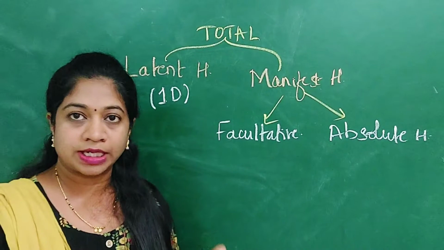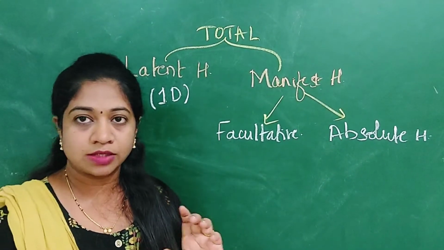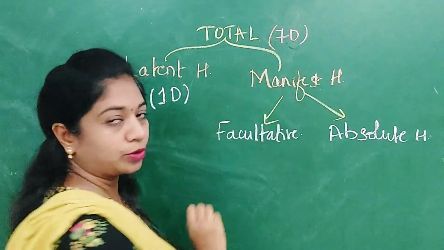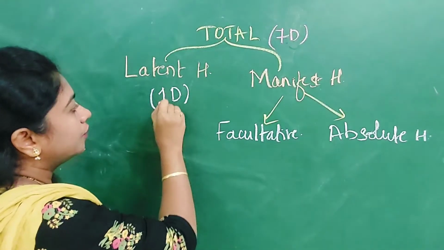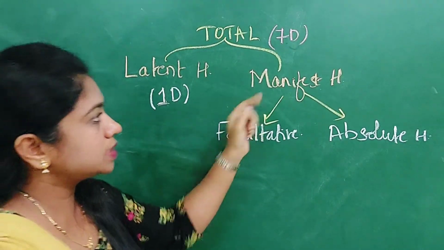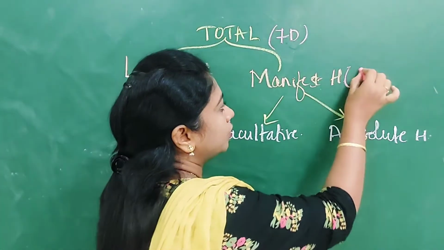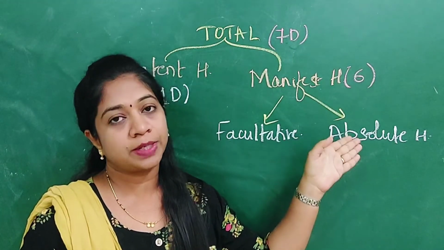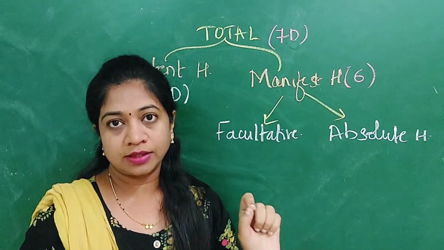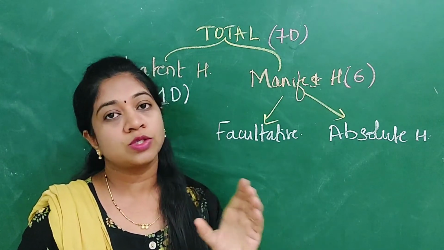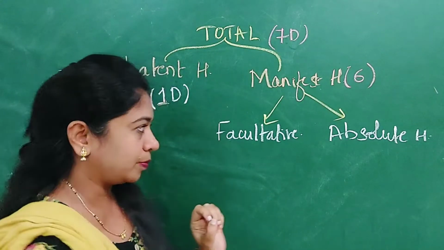Let me explain this with an example. Suppose we have a patient with 7 diopters of total hypermetropia. In that, 1 diopter is latent hypermetropia. So this patient will have a manifest hypermetropia of 6 diopters. Suppose this patient is a very young patient of around 6 to 7 years of age, then they can exert some accommodation to overcome almost 2 to 3 diopters of hypermetropia.